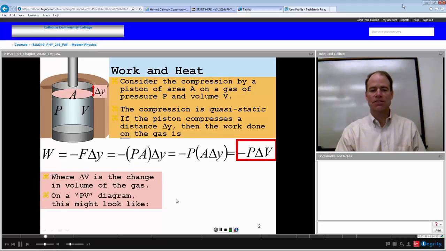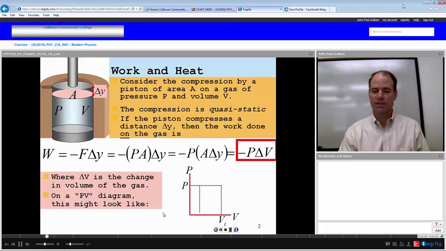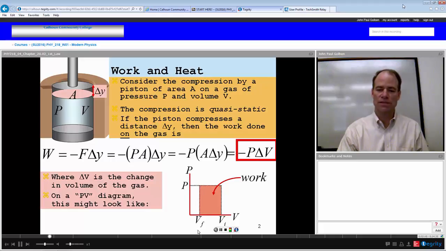So delta V is the change in volume of the gas, and on a PV diagram this process might look something like this, where we're graphing pressure versus volume. We start at some initial volume, and then we compress it down to a lesser final volume, and since it's a rectangle in pressure and change in volume, the area underneath that graph would be the work on the gas.